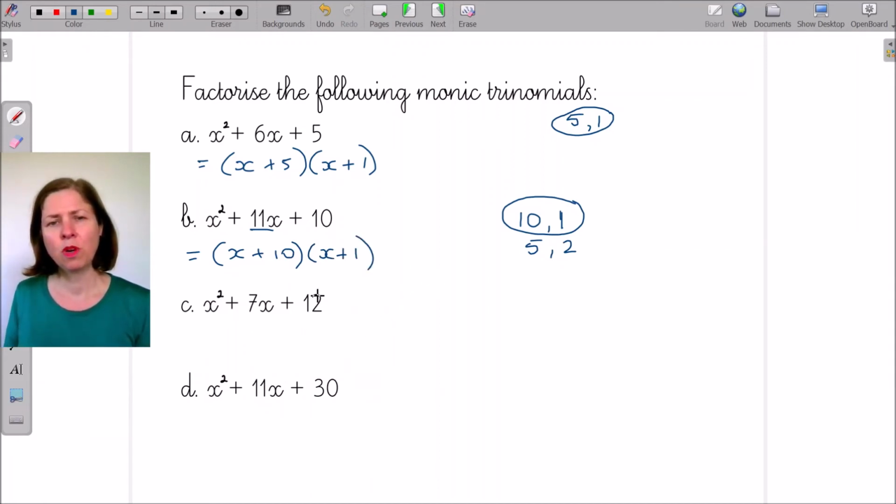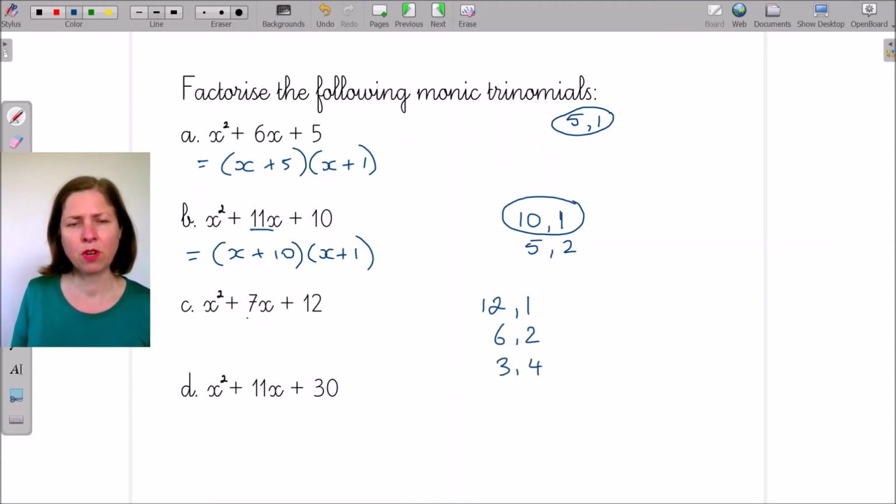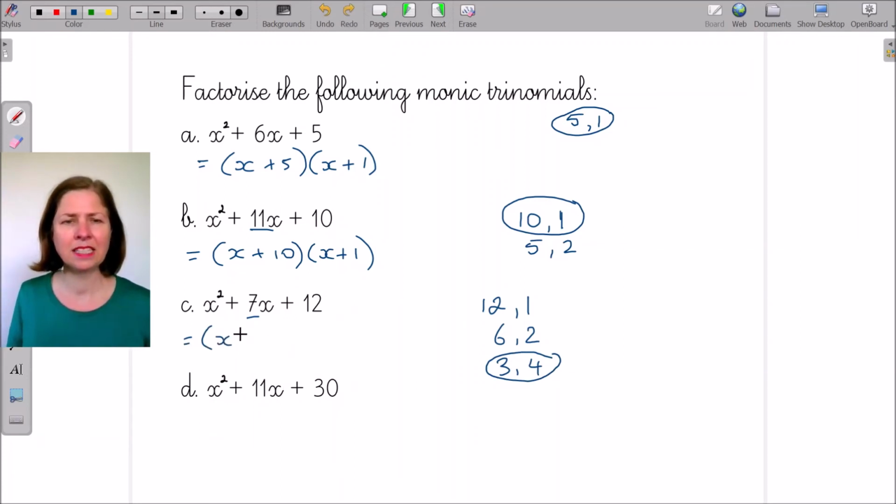All right, 12 is a little trickier because it's got a few more factor pairs. 12 times 1 makes 12, 6 times 2 makes 12, and 3 times 4 makes 12. But only one of them adds up to 7, and it's this. So I get x plus 3 times x plus 4.